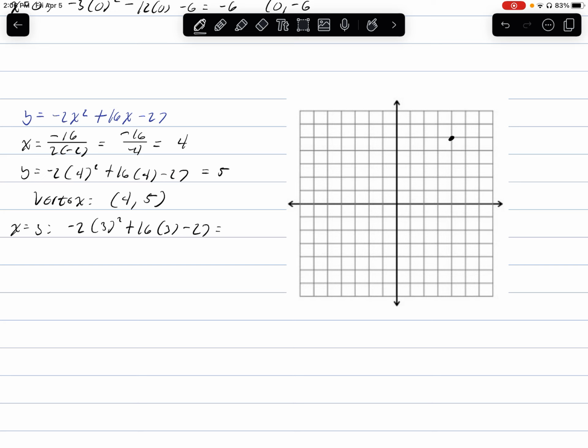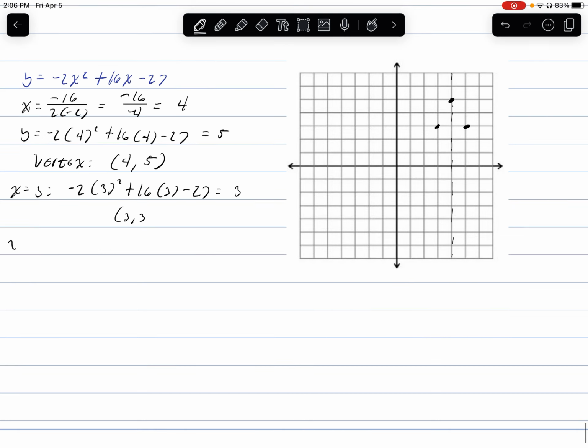That's negative 18 plus 16 times 3, and then minus 27 is going to give us 3. So we have the point 3, 3. This is our next point here. Because of the symmetry that we can draw right here, we also know that we're going to get this point for free as well.